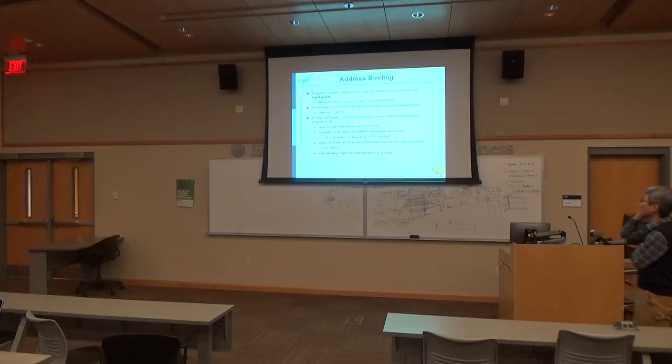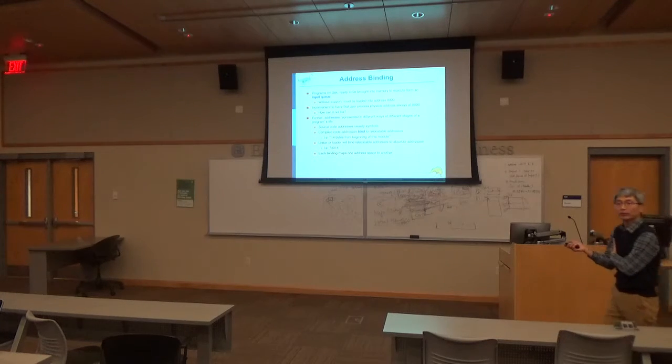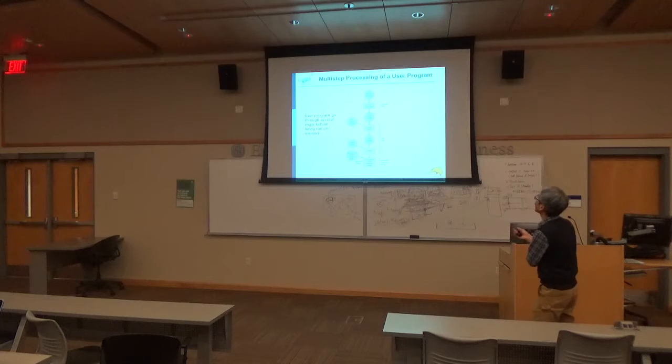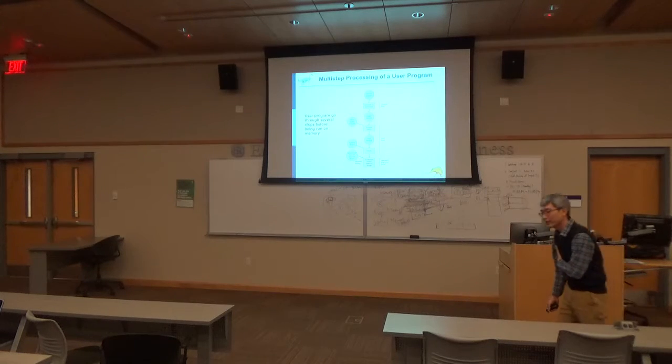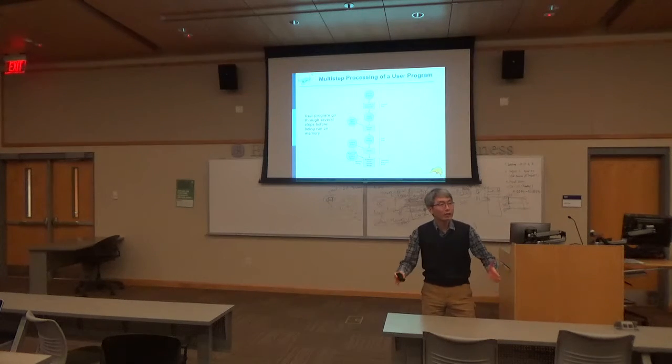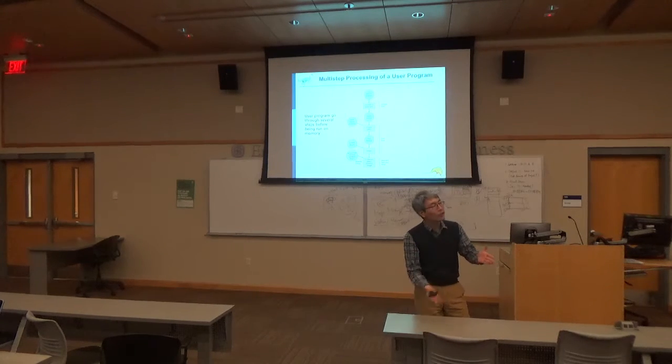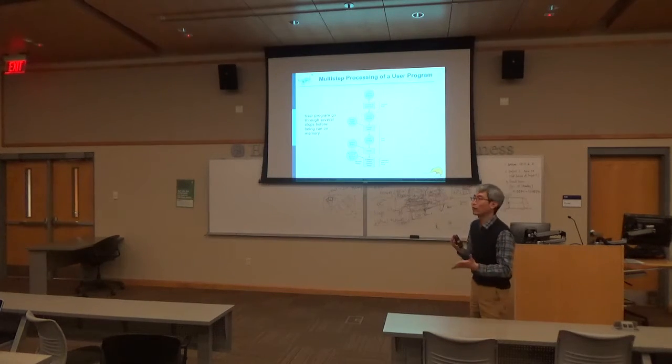At the time, the relative address will be changed to the physical address, which is called binding. So we need to bind the address from relative to absolute. Okay. For better understanding, this is the process when we compile, link, load and finally execute the process.